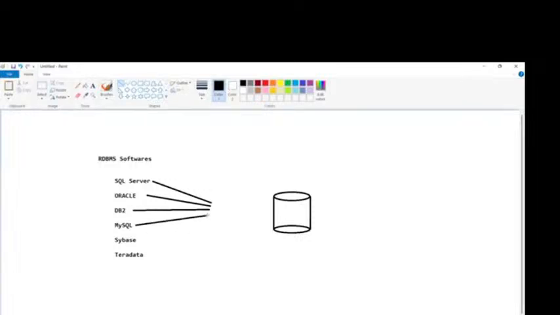If it is MySQL, a MySQL database. If created in Sybase, a Sybase database. If created in Teradata, a Teradata database. But all are going to communicate with what? Database.